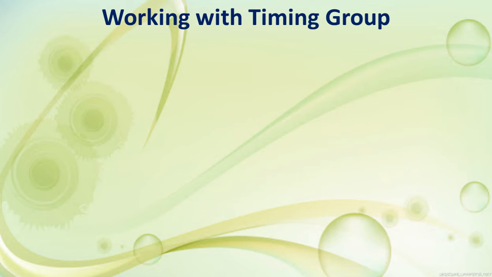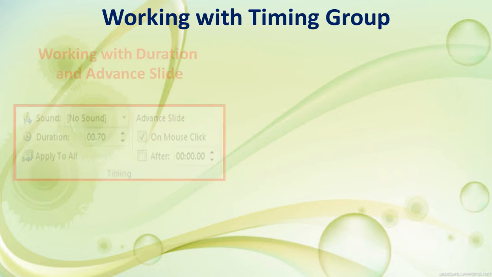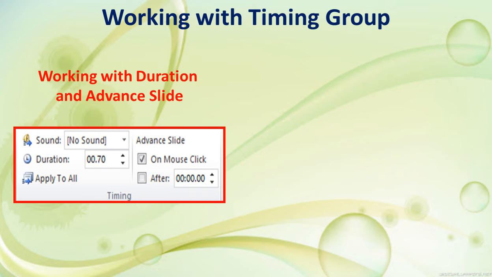We were discussing sound effects. The sound effect is available in the Timing group. When you work on the Timing group, you need to learn about duration and advance slide. Specify the transition timing by entering the number of seconds or minutes in the duration box in the Timing group. Select the On Mouse Click checkbox if you want to advance the slide by clicking the mouse. Click on the After checkbox if you want the slide to advance automatically to the next one.